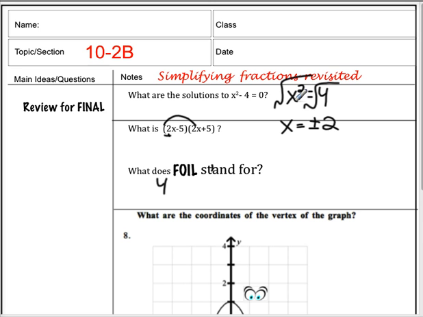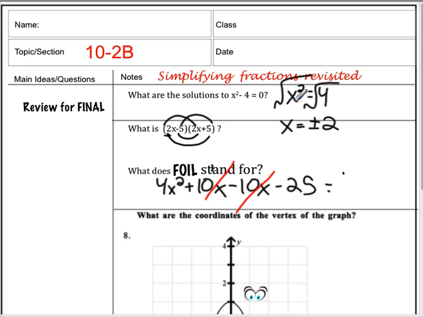So first, to get 4x squared, outside to get 10x, inside to get negative 10x, and last to get negative 25. Now notice what happens. 10x minus 10x actually cancels out. So what are we left with? Well, we're left with 4x squared minus 25.